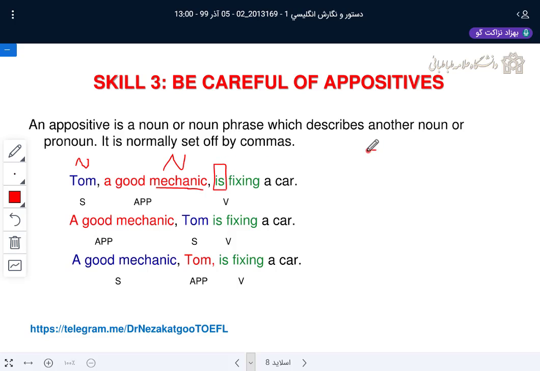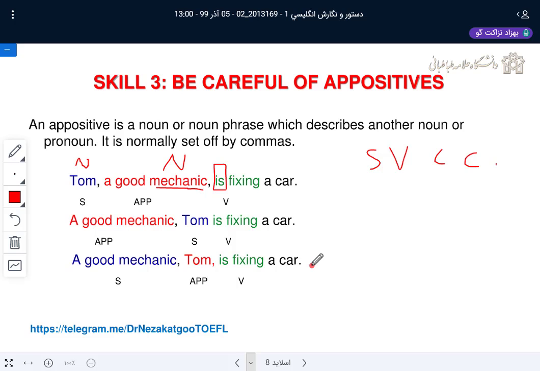Because you remember subject, verb, complement, and complement. This is the bare bones structure of any sentence in English. There are some exceptions. We will talk about them when the verb precedes the subject, when we have inversion.